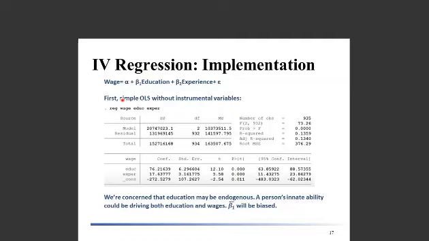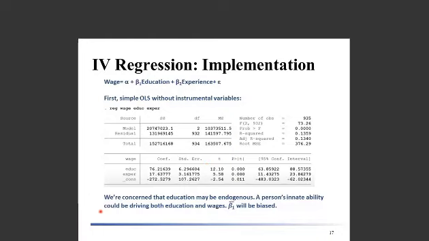First, we'll use a baseline OLS estimation without using instrumental variables. And here in Stata, we would regress wage on education and experience. We would look at the coefficient on education, which is the coefficient we're interested in, and we would look at the t-statistic to see if it's statistically significant. And that's how we would do a baseline OLS estimation.